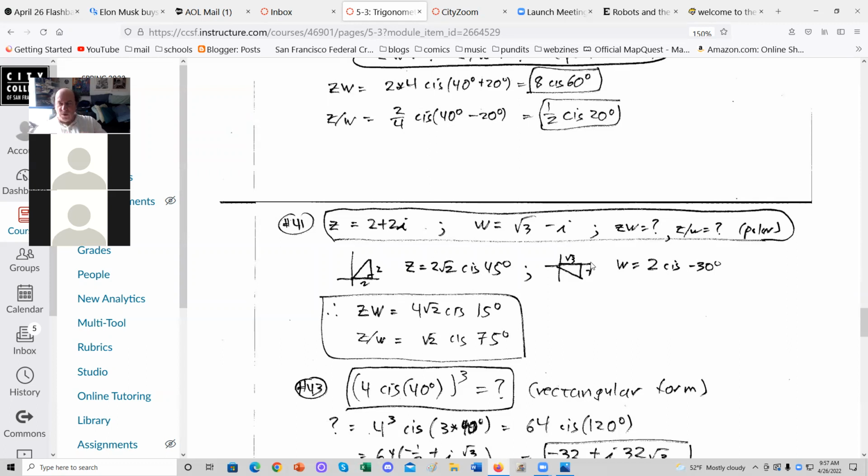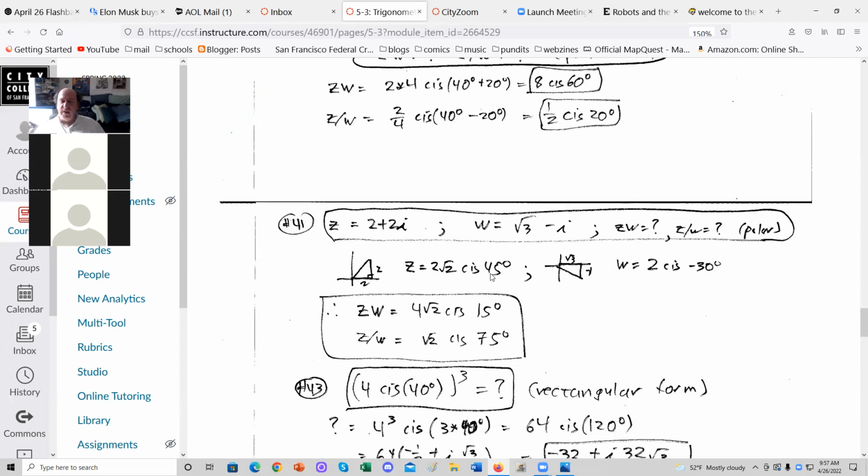For W, it's over root 3, down 1. It's easy enough to check that this third side is 2 by Pythagoras. This angle is minus 30 degrees. It's a 30, 60, 90 triangle. And so we read off W equals 2, the hypotenuse, cis of negative 30 degrees, the angle. So Z is 2 root 2 cis 45, W is 2 cis negative 30.